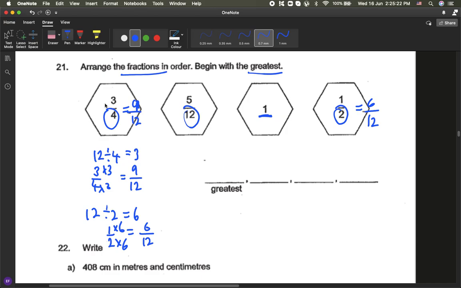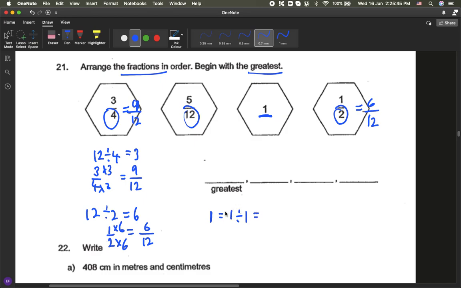Now that we have produced fractions with the same denominators, we can focus on this number. So number 1 is equal to 1 divided by 1.